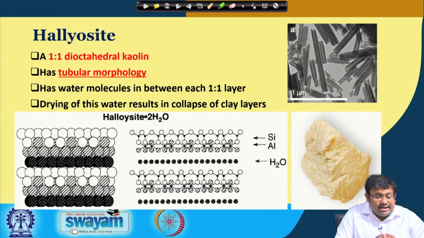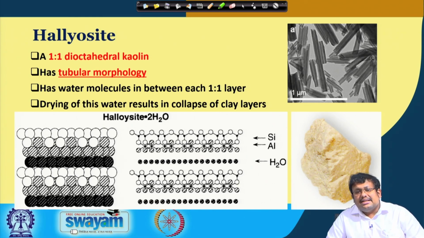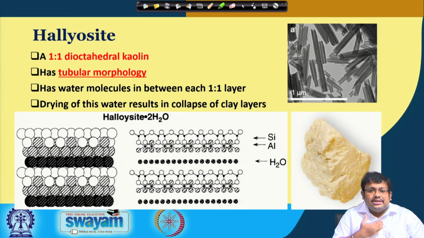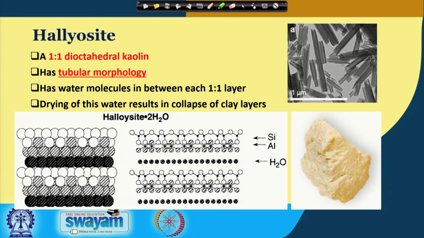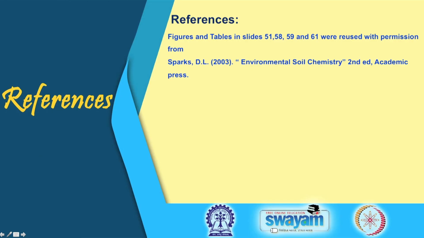We have completed kaolinite and halloysite, and in the next lecture we will start discussing the 2:1 type of clay mineral. We will be discussing pyrophyllite, talc, illite, mica, vermiculite, and 2:2 type of clay minerals, and other types of secondary minerals.